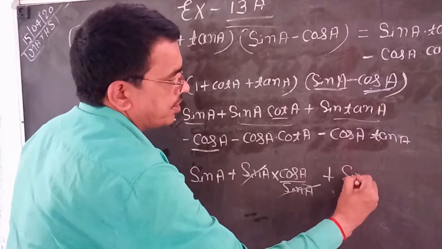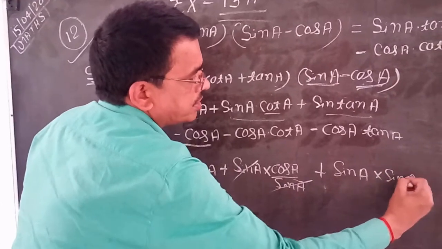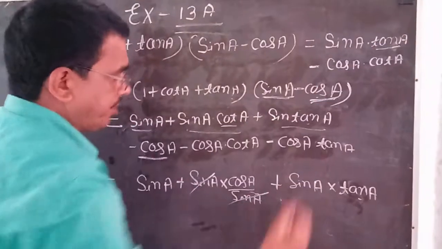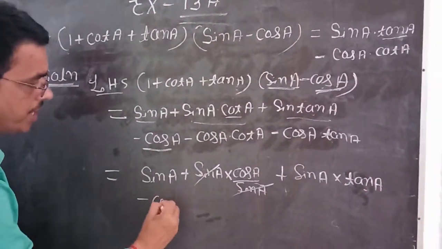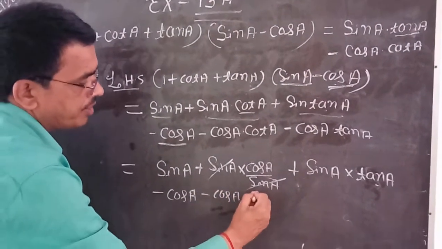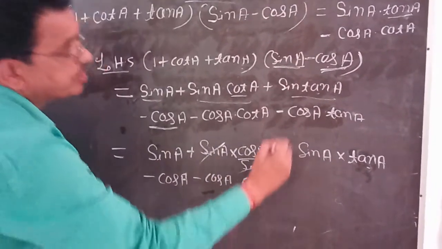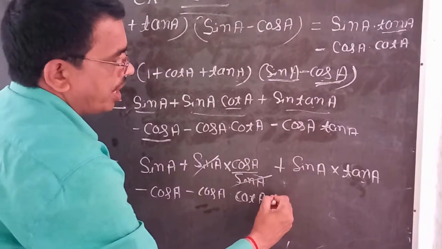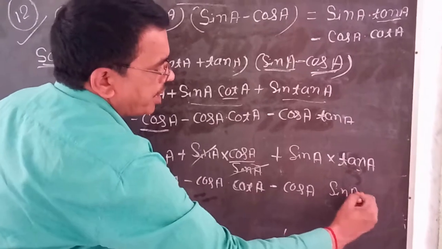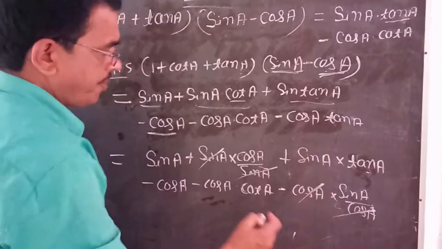Plus sin A tan A. You write here tan A because your RHS has tan A. Next minus cos A into cot A. You write here cot A because your RHS has cos A into cot A. And minus cos A into tan A, change it to sin A by cos A, so this is cancelled.